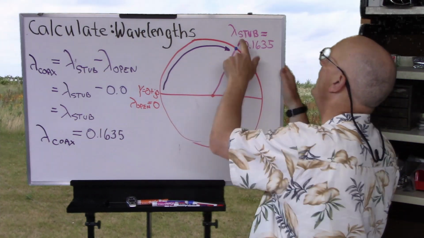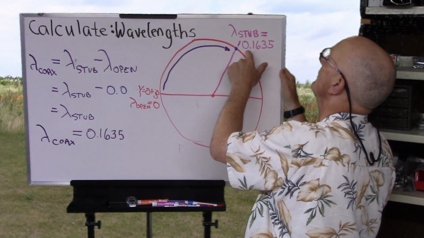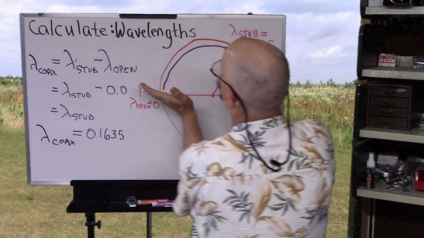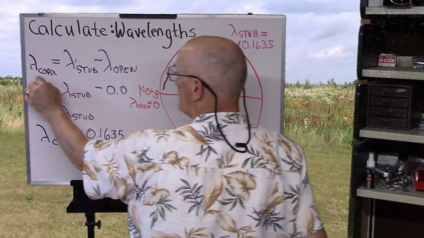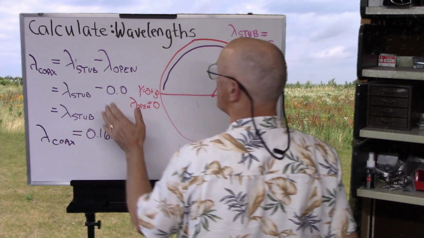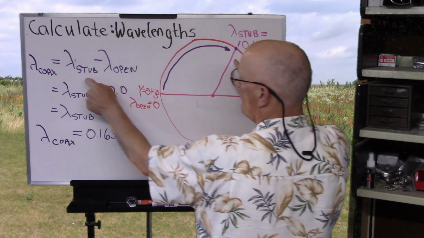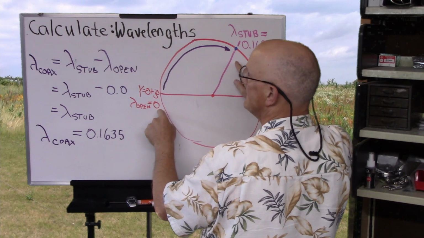So we have already read the lambda sub stub is equal to 0.1635 here. So we're looking to figure out the distance between these 2 points. So you have lambda sub coax, or r stub, is equal to the stub here minus the wavelength associated with the open, which is 0.